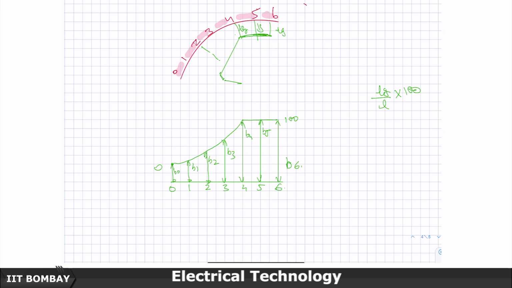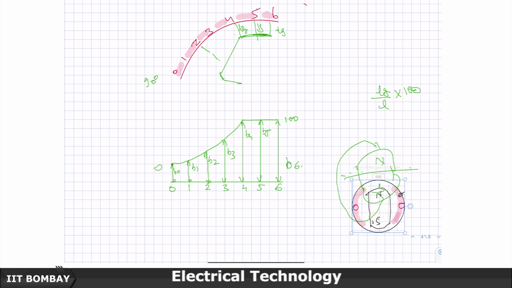Now, ideally, this is where it should be 0, right. If this is my north pole and this is my south pole, when I hit here, the lines of flux have to go like this. So, therefore, the B should be 0 here.